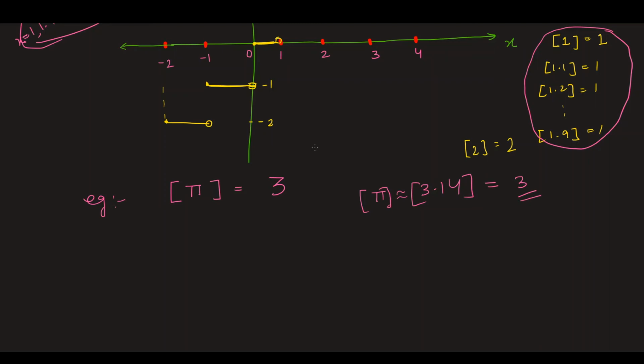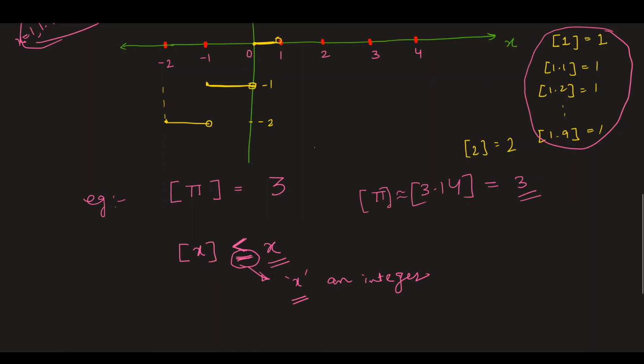Also remember that gent of x is always less than or equal to x. It can never exceed x. The equality comes when x is actually an integer. When x is not an integer, it is less than, but if x is an integer, then the equality comes.